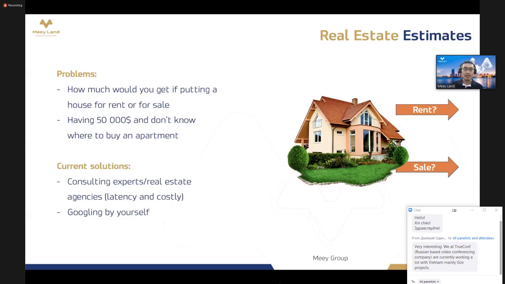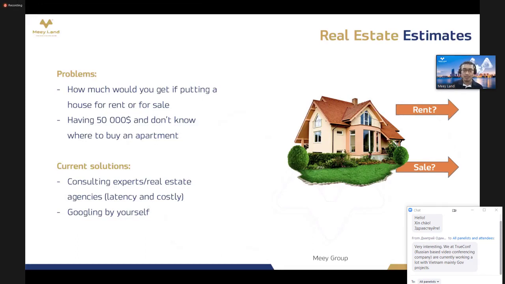Again, you can go to the agencies, and obviously you have to pay some money to get that information. Or you can take a bike or a car and go around looking for advertisements, asking people about apartments for sale and negotiating. So again, in the end, it will cost either time or money to find the information.